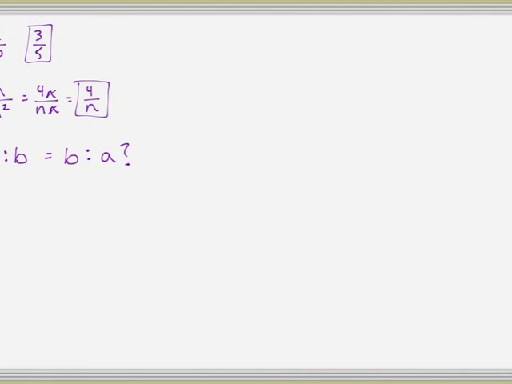Or if they happen to be opposites of each other, like a 4 and a negative 4, that's okay, because either way that would reduce down to negative 1 and 1. But in most cases, the order does matter. So be careful in a problem if you're asked for a ratio in a specific order that you give the ratio in that specific order.